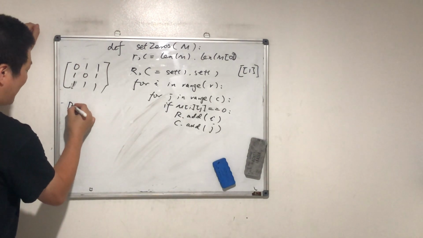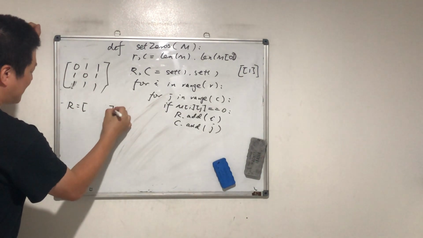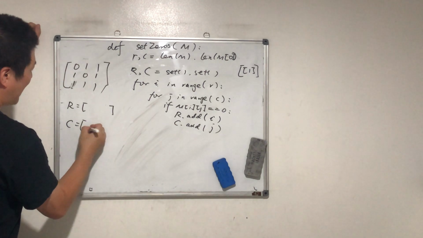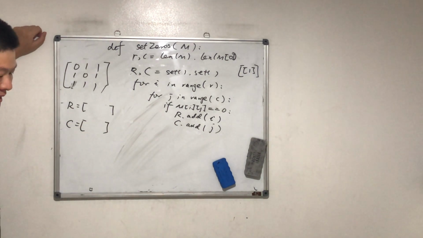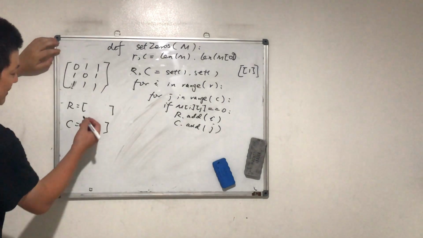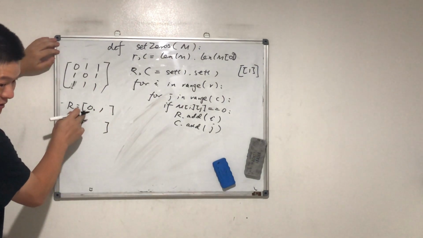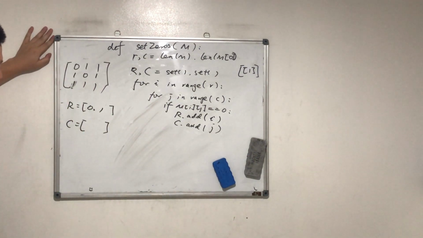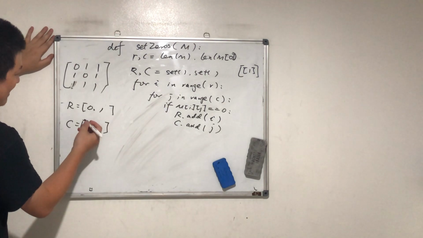Can you tell me what R is, and what C is? Which rows contain zeros? The first one and the second one, so it's 0 and 1. Which columns contain zeros? Come on, it's easy: 0 and 1, yeah? Okay.